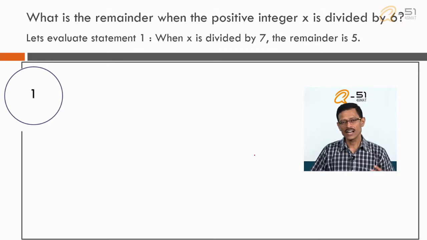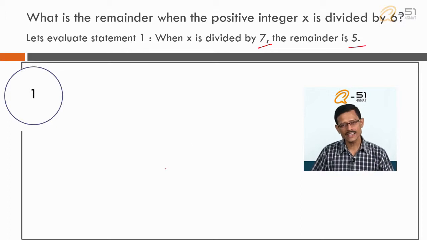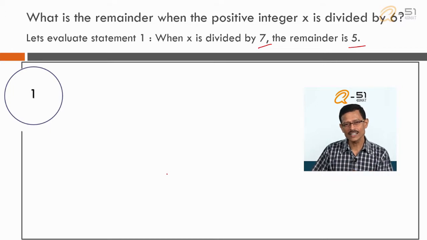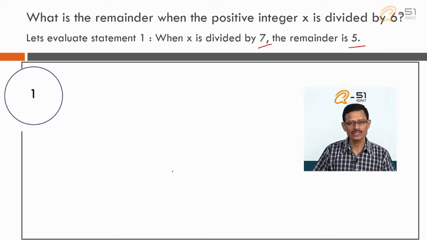That is, I find two values of x, both satisfying that when x is divided by 7 the remainder is 5, but when I divide one by 6 I get a remainder a, and the other I get a remainder b. Then with statement 1 I am not able to come up with a unique answer, so the data is not sufficient. Conversely, if I get a uniform answer for all of these values, then we need to invest a little more time and investigate why this is working before we conclude that the data is sufficient.